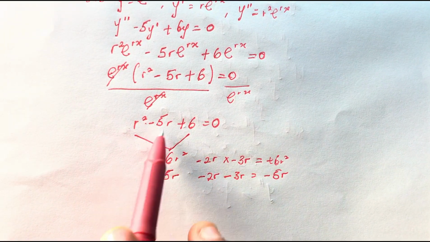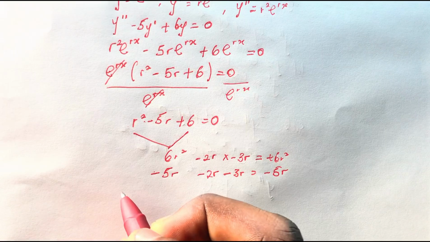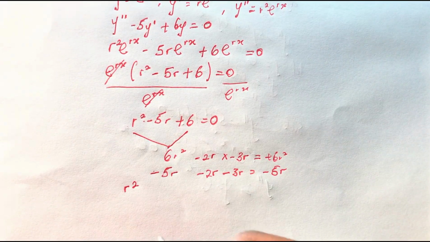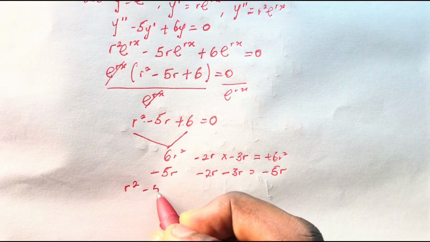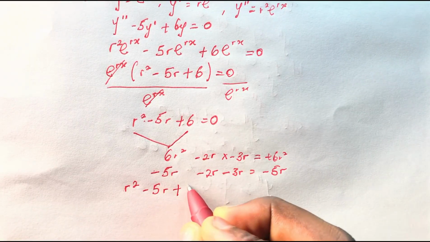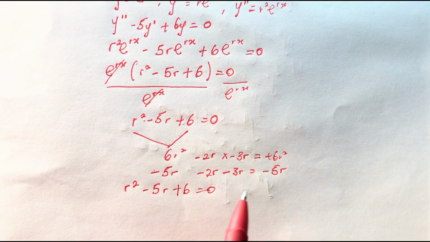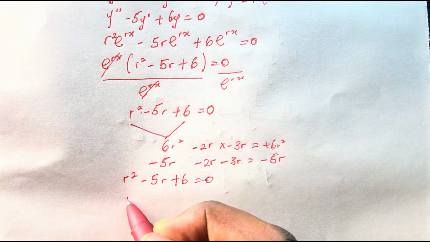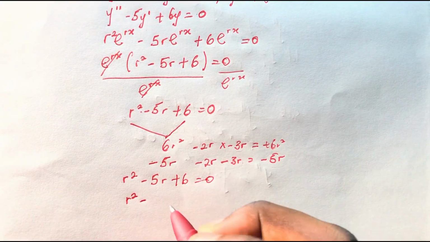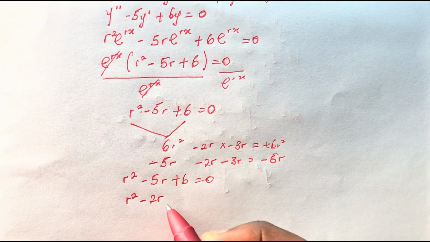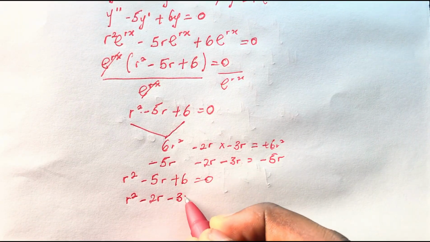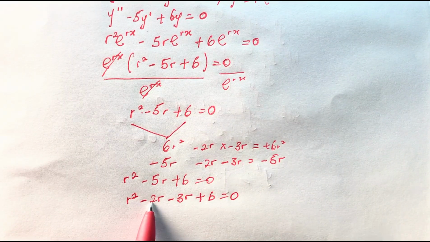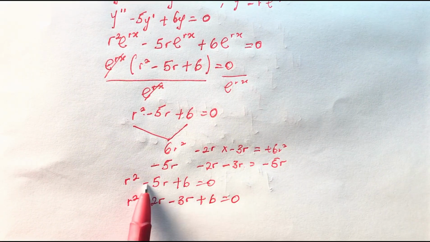So we come back to this equation: r squared negative 5r plus 6 equals 0. We can write r squared negative 2r negative 3r plus 6 equals 0, since negative 2r and negative 3r still give negative 5r.